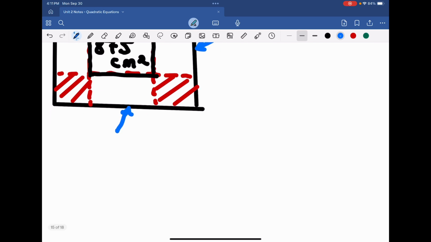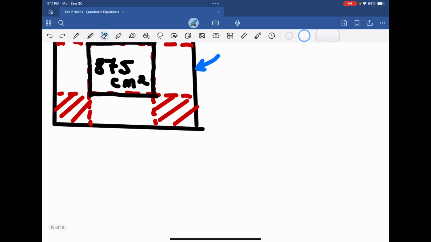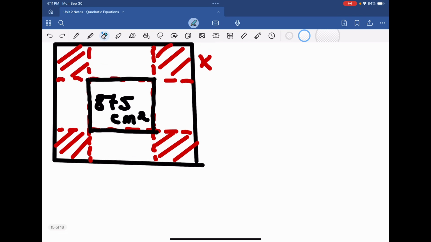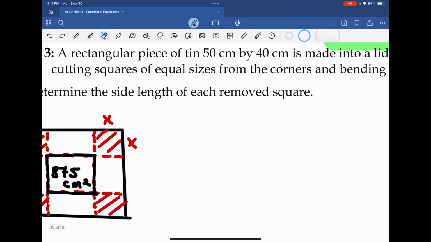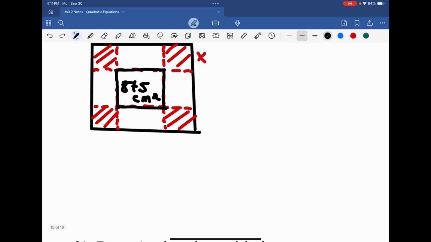If we know the entire thing along the bottom was 40, we should probably put in our original dimensions first. Our original dimensions were 50 by 40. It's not really going to matter where we put them, but maybe I put 50 here and then 40 here.